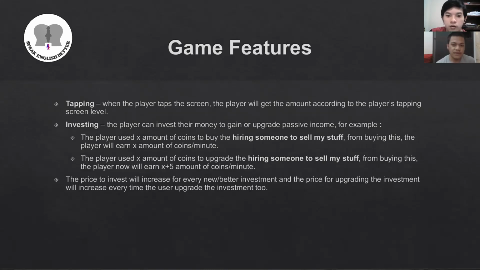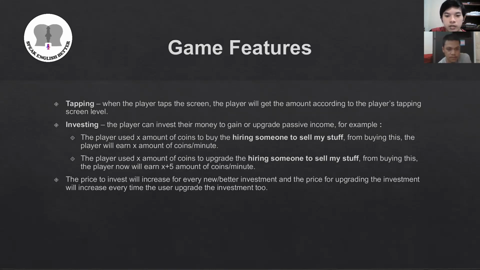Tapping. When the player taps the screen, the player will get the amount according to the player's tapping screen level. Investing. The player can invest their money to gain or upgrade passive income. For example, the player uses X amount of coins to buy the hiring someone to sell my stuff.